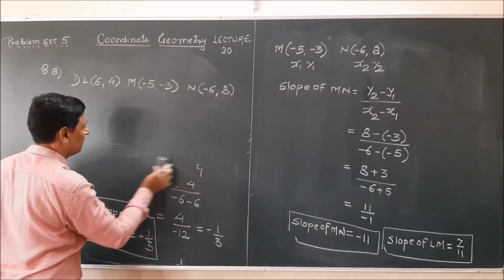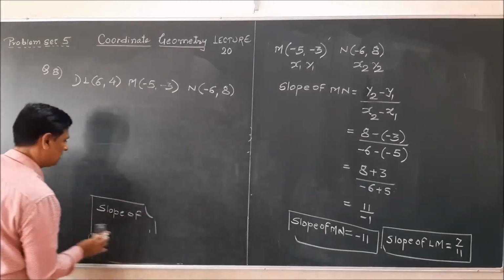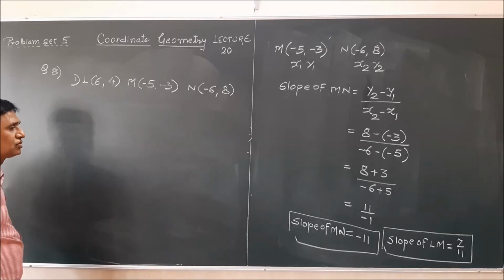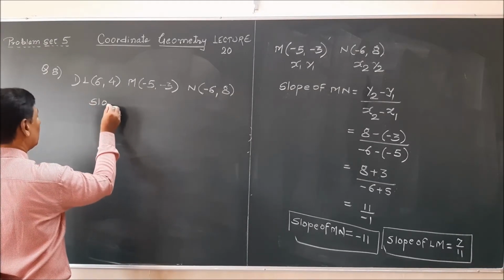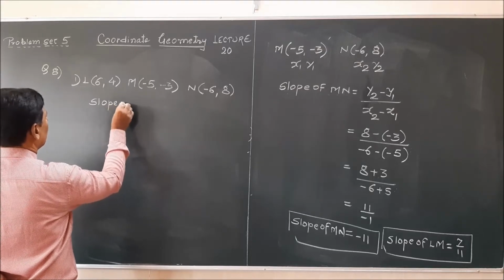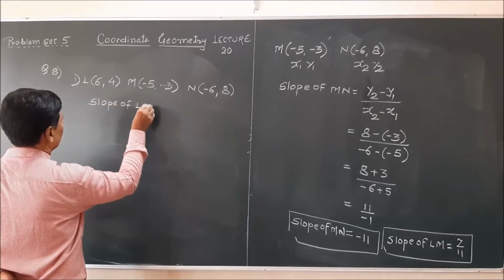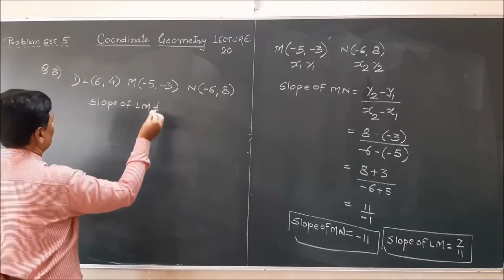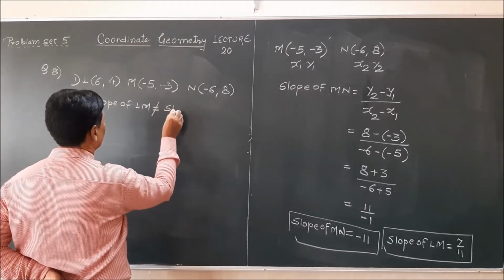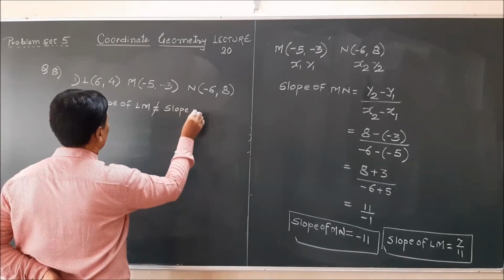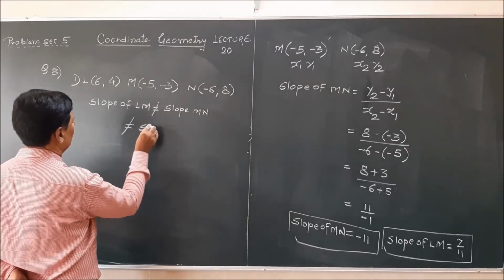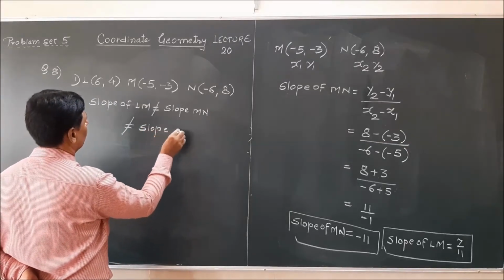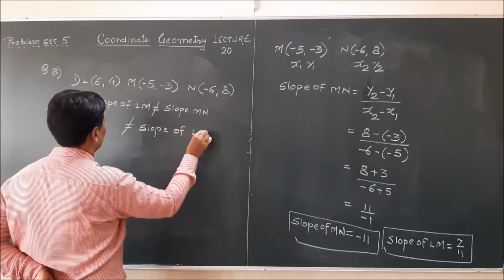So I will mention over here, part 1. Slope of LM is not equal to slope of MN, which is not equal to slope of LN.